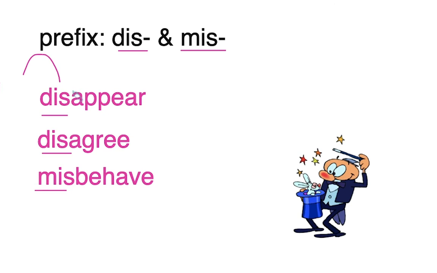Again, we've got our root words: appear, agree, and behave. By adding these prefixes, mis and dis, at the beginning of our words, it changes the meaning, and it usually has a more negative kind of meaning.